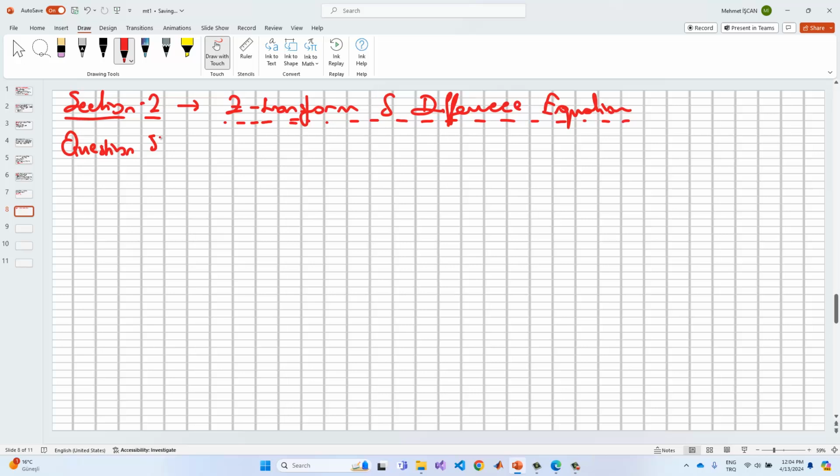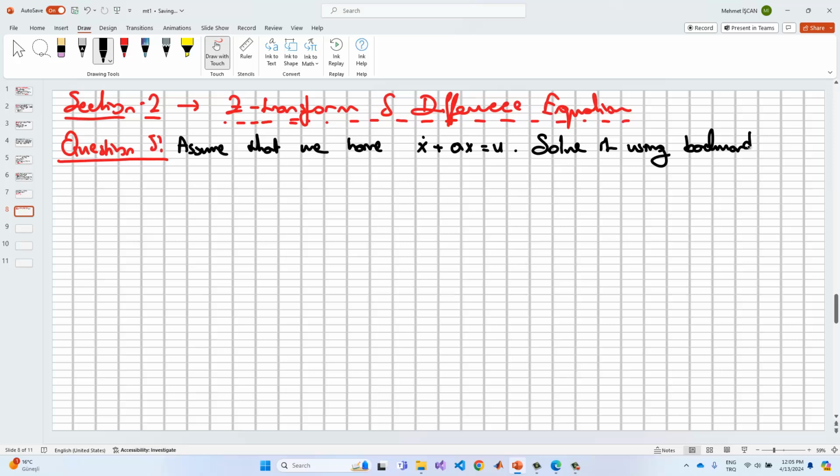Question 5 is related to the Z transform. Okay. Assume that we have a system like x dot plus ax equal to u, and solve it using backward difference equation in Z transform.